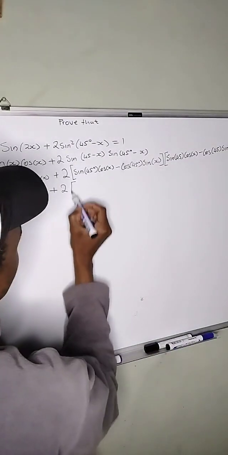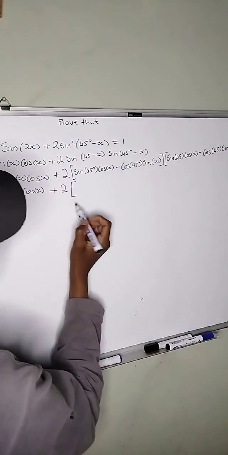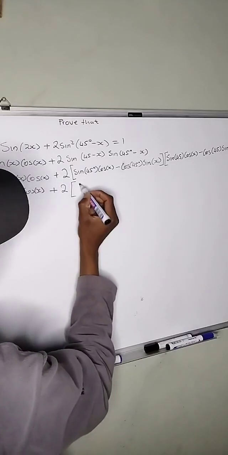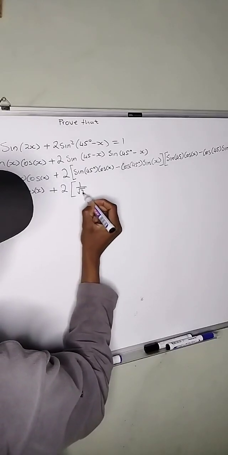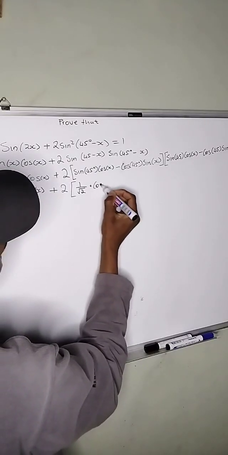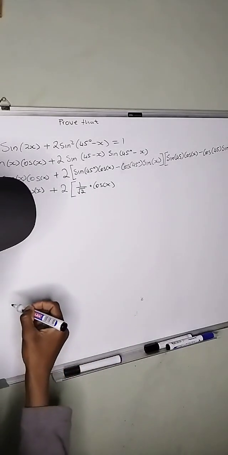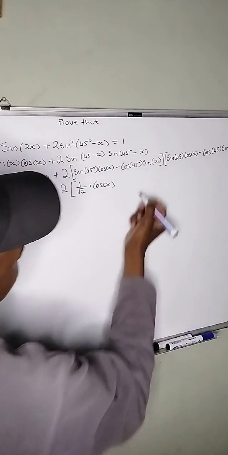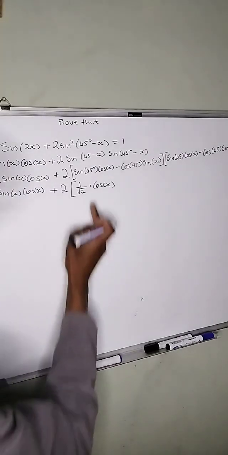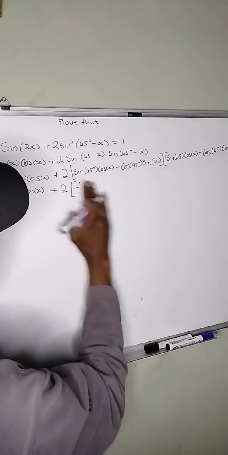So now I'm going to have what? This is going to be 1 over root 2 multiplied by cos x. Ne? But obviously, if I multiply the 2, I will simply have what?